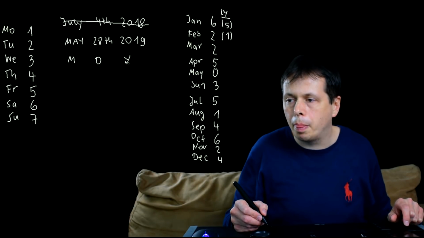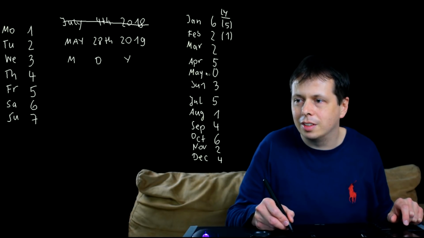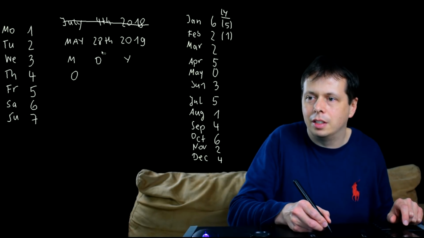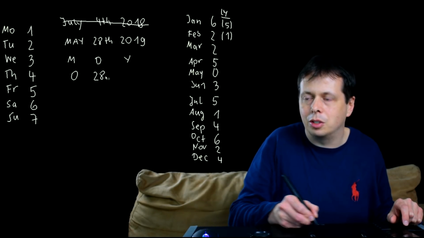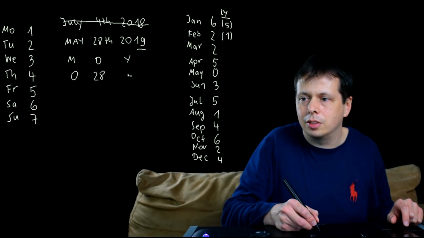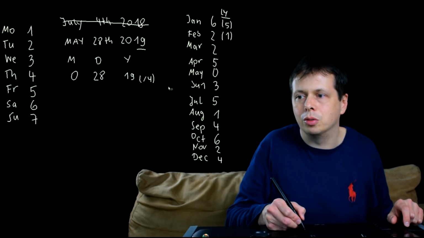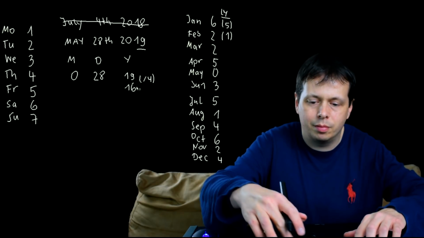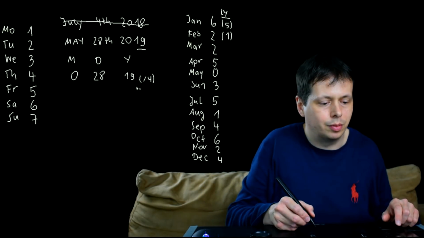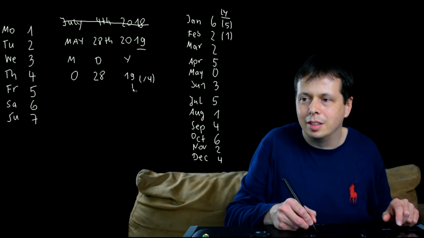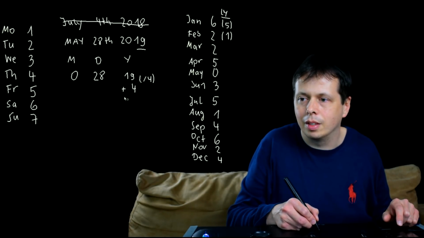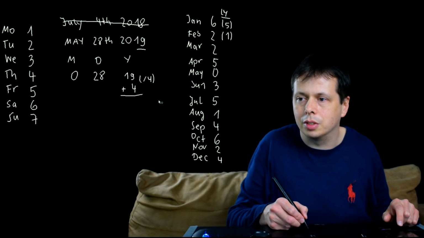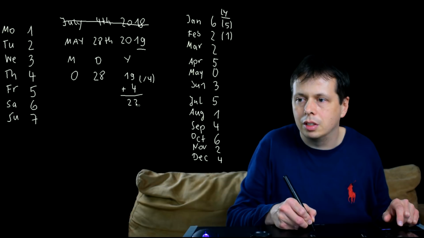So the month code for May is 0, the day is 28, the year is 19, divided by 4, so 4 times 4 is 16. But we need here the 4 plus the building of the sum, and so we have 23.